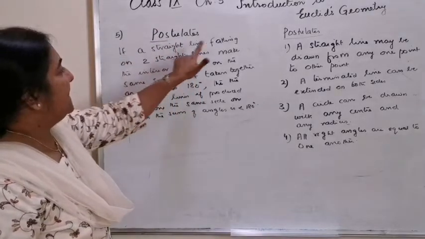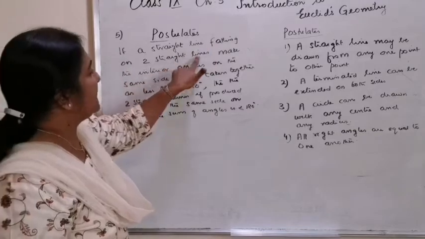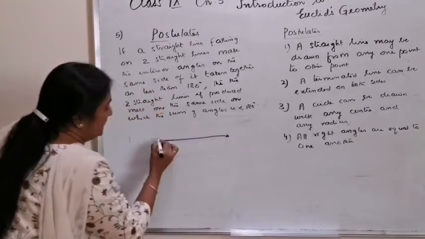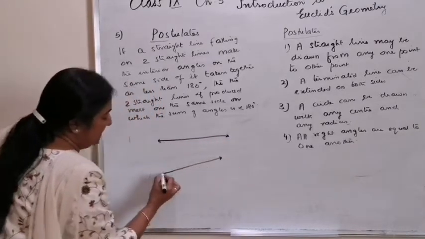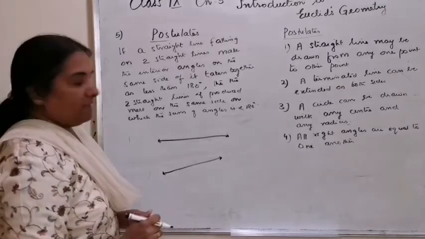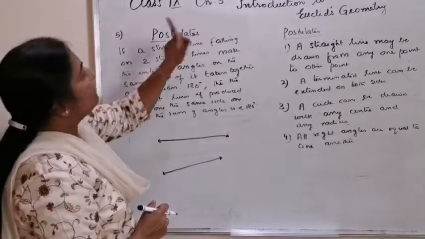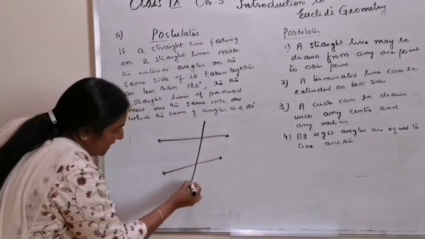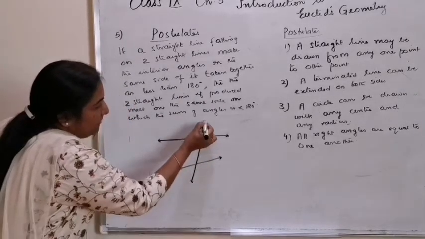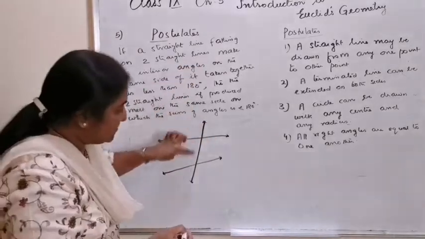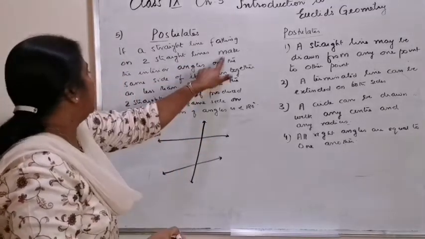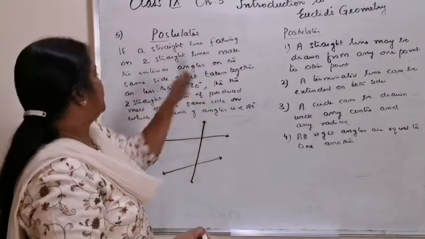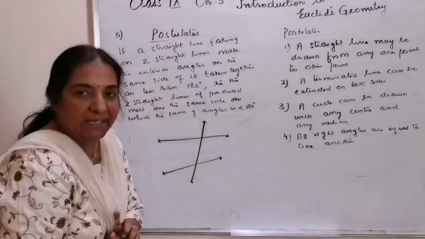If a straight line falls on two straight lines, first you draw two straight lines A and B. A straight line falling on two straight lines means it is falling on those lines, and what this straight line is making is interior angles on the same side of it, which taken together are less than 180 degrees.